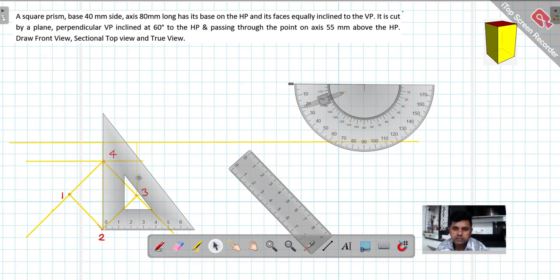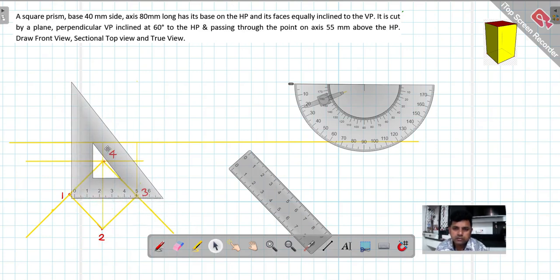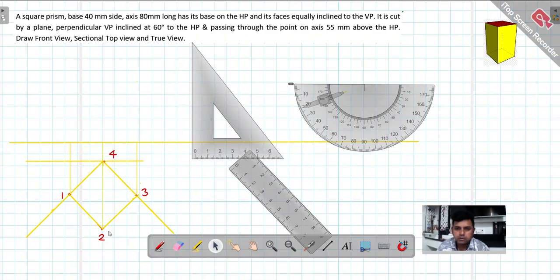Again, I will take this to first. So what I marked here: first point I projected. This is my first point.